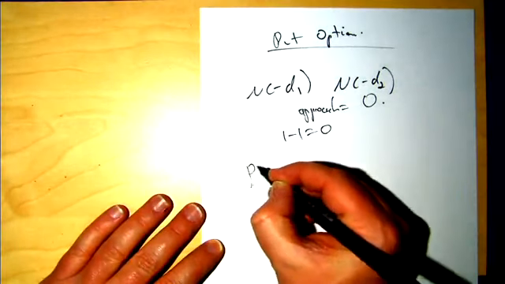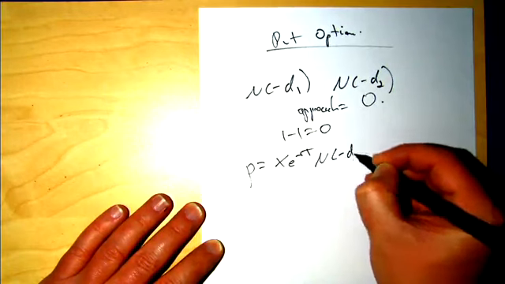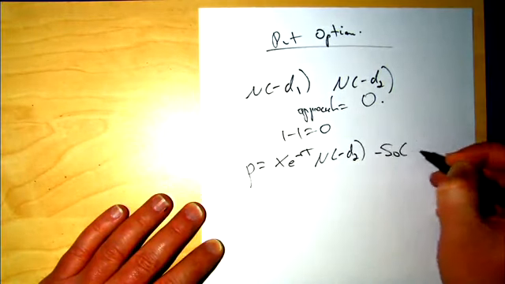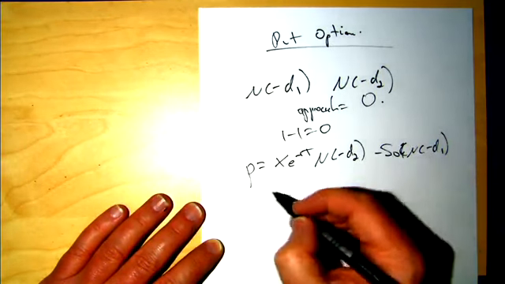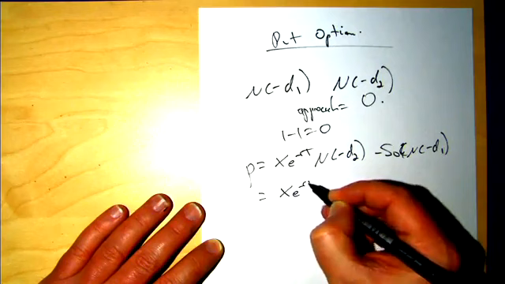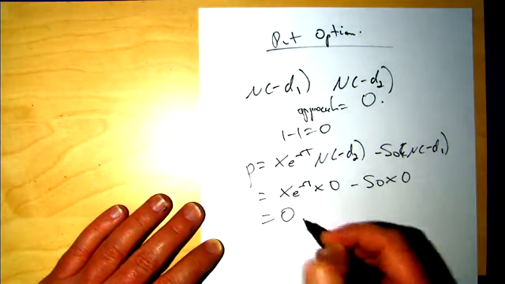What is my put option formula? It's Xe^(-rT) times N(-d2) minus S0 times N(-d1). These both approach 0, so Xe^(-rT) times 0 minus S0 times 0 gives me 0.